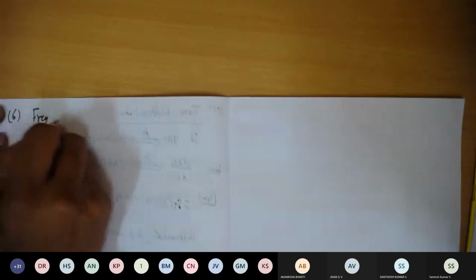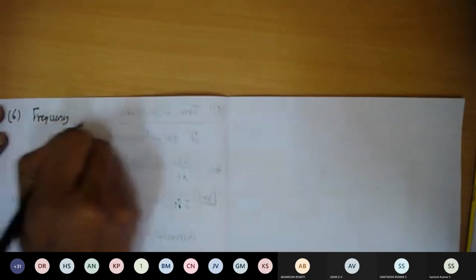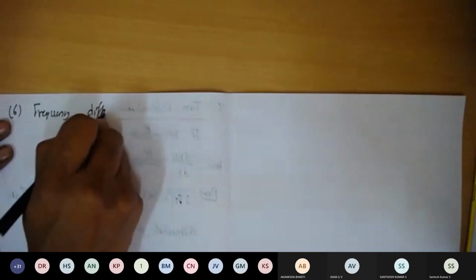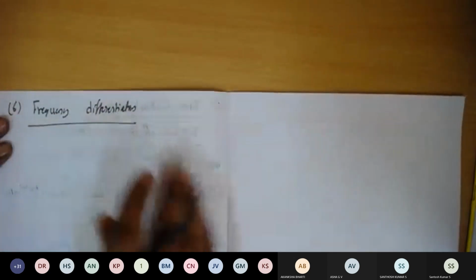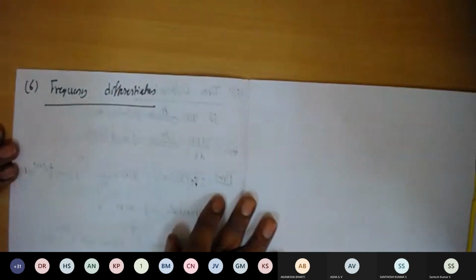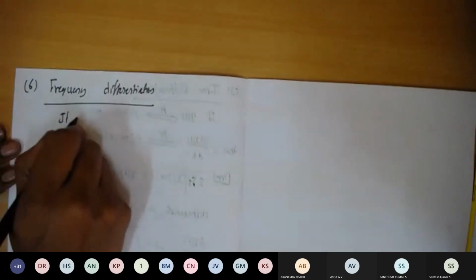Take property number 6, which is called frequency differentiation. In the frequency domain, we are going to differentiate.